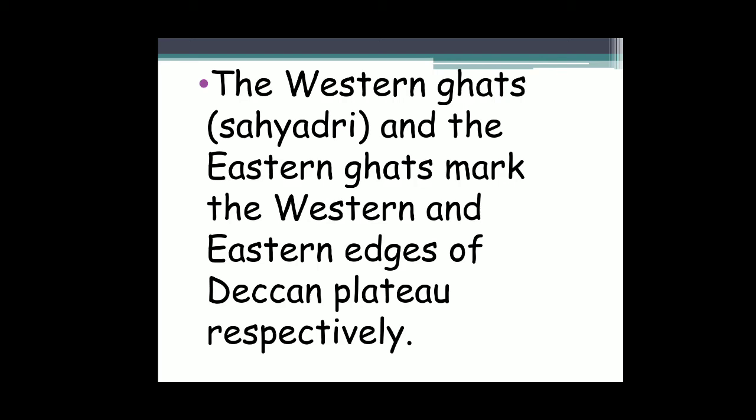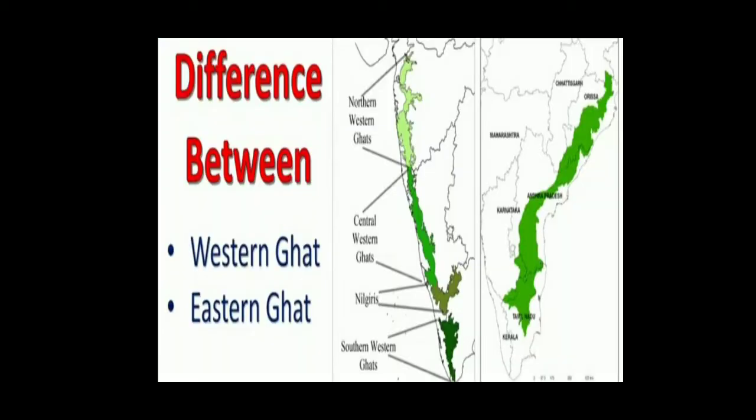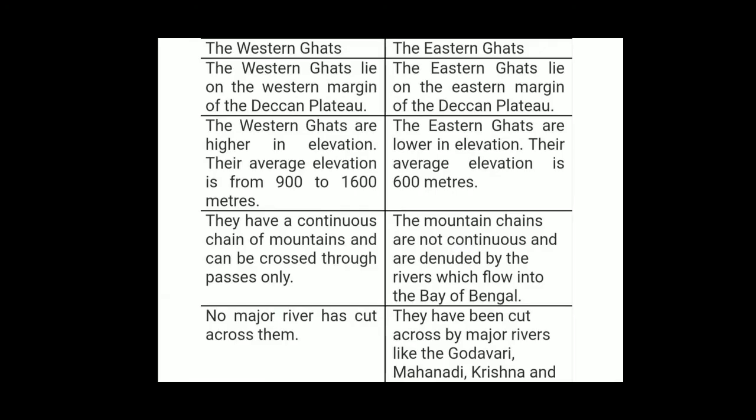So we are going to discuss the features of Western Ghats and Eastern Ghats. In the picture, on the right-hand side the green part is the Eastern Ghats, and on the left side the green part shown in the map of the peninsula is the Western Ghats. We are going to talk about the features of Western and Eastern Ghats.